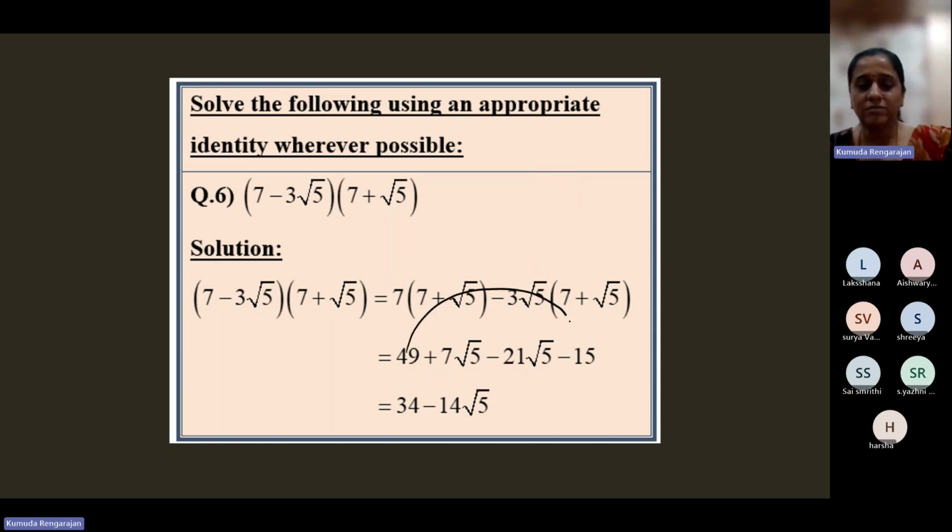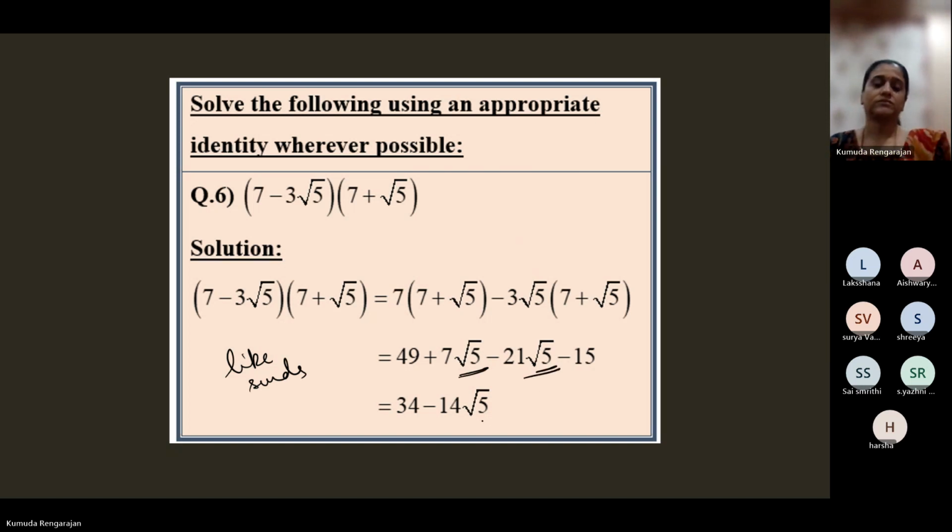Now 49 minus 15, 34. Plus 7 root 5 minus 21 root 5. They're like surds because they have the same irrational factor. Plus 7 minus 21 is minus 14 root 5.